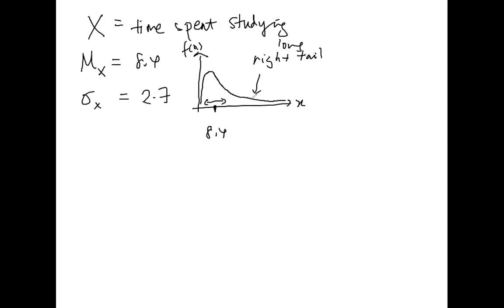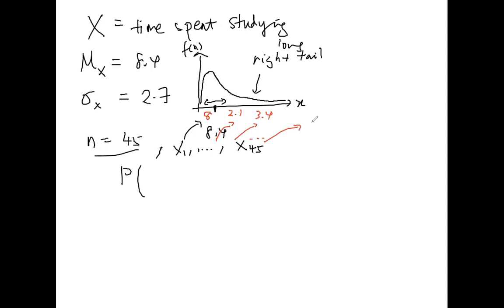So that's the situation, and you take a random sample of 45 students. You want to find the sample mean. You take a sample of 45, so you will have 45 values, which you can write as x1 until x45. For example, maybe you'll get 8, the next one maybe 2.1, the next 3.4, and so on, and maybe the next is 0.1.